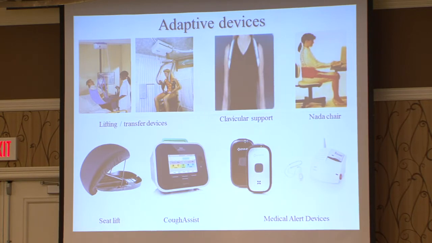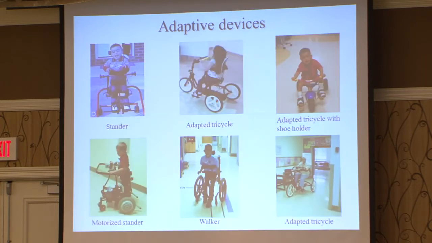There's the use of the cough assist that even Dr. Bach talked about, and then also the use of medical alert devices, especially for those who have significant respiratory or pulmonary involvement and are at risk because if they had a fall, sometimes they cannot even get themselves up, and we've had some cases of suffocation and very serious sequelae because of not having this medical alert device to help them out. So there's lots and lots of adaptive devices.